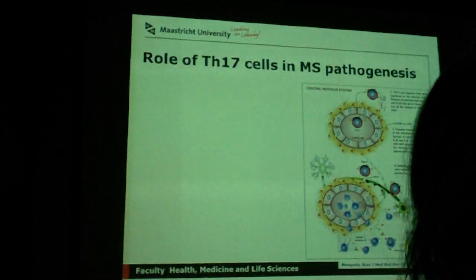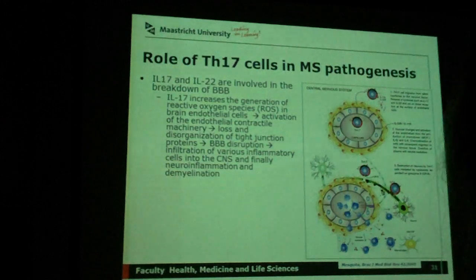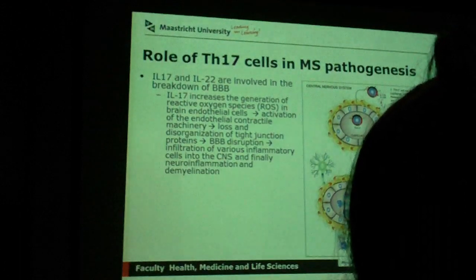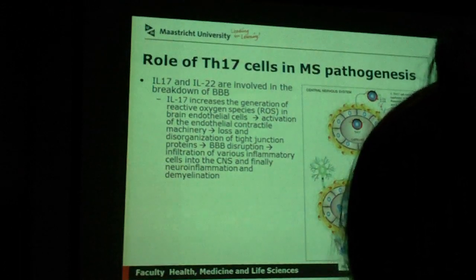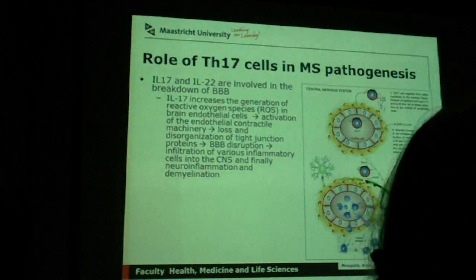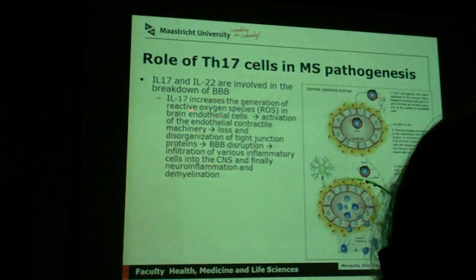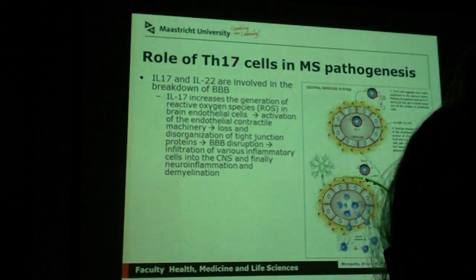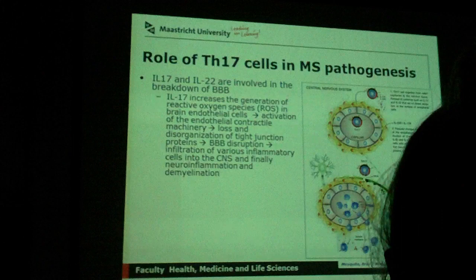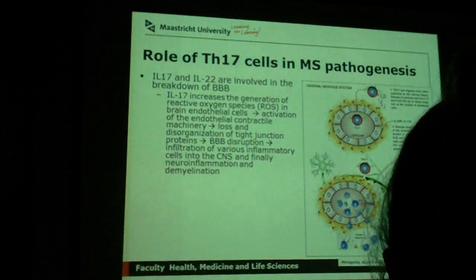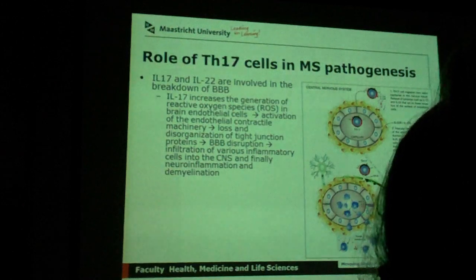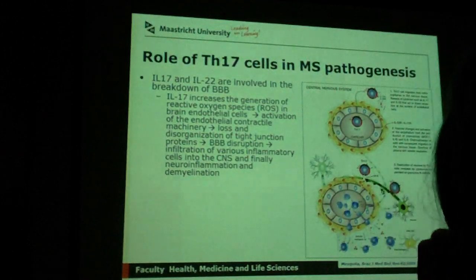Recently, it was shown that IL-17 produced by Th17 cells can result in reactive oxygen species, and this ROS can then activate the endothelial cells and result in blood-brain barrier disruption. So these endothelial cells don't close that well anymore, and that enables other immune cells to enter the central nervous system.